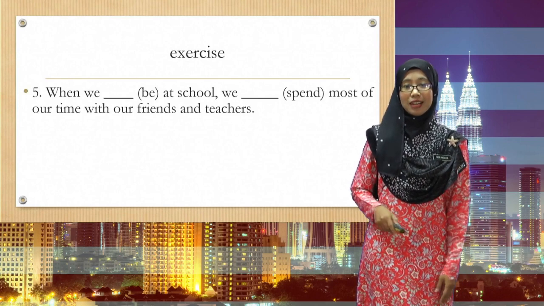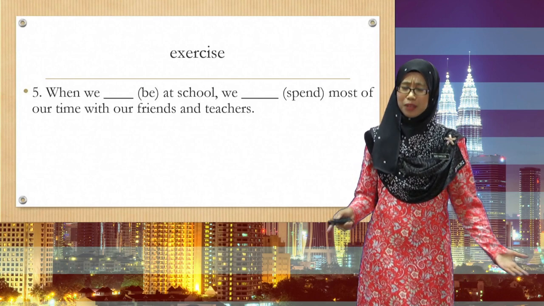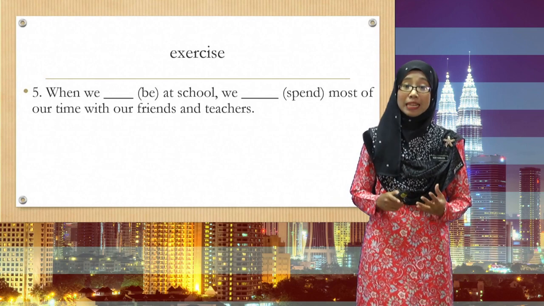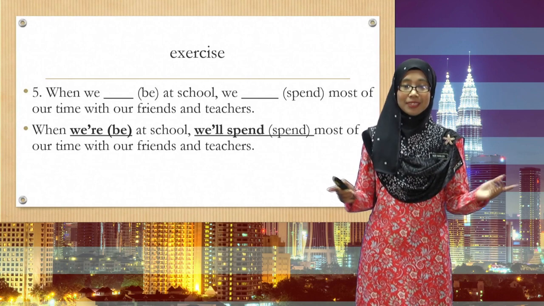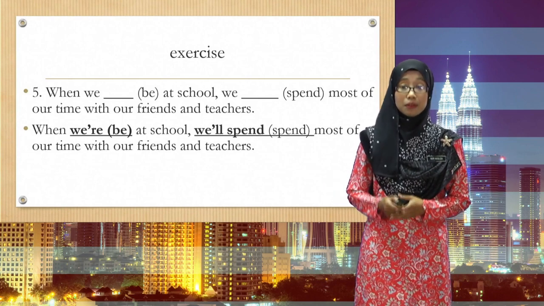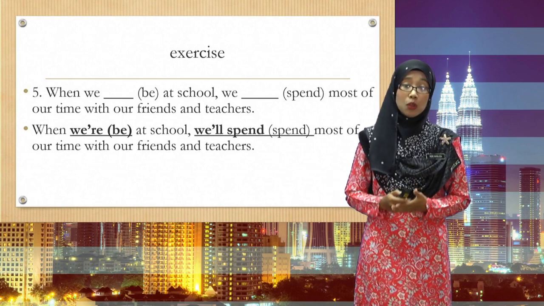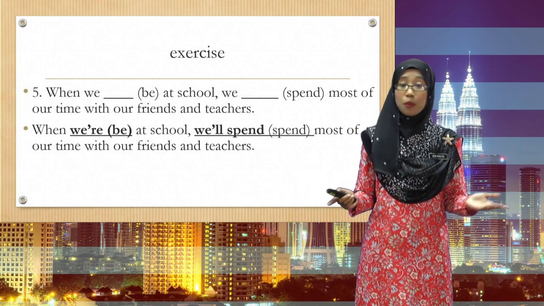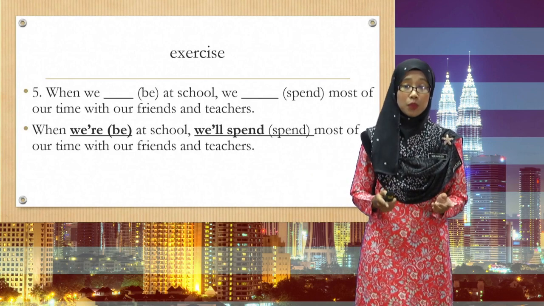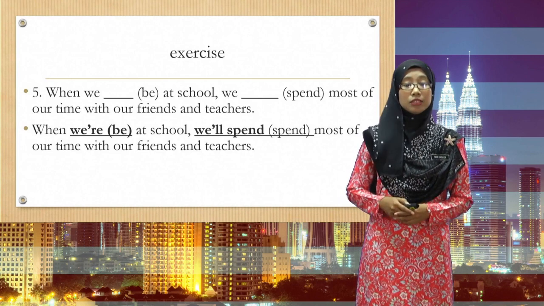Try to read your answer loudly. Don't be afraid to try. We learn from mistakes. Yes, your answer is correct. The answer is when we are at school, we'll spend most of our time with our friends and teachers.